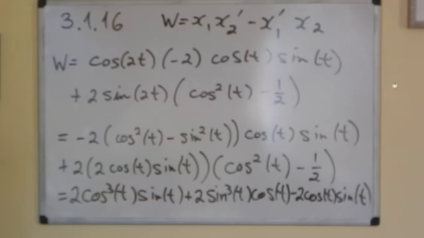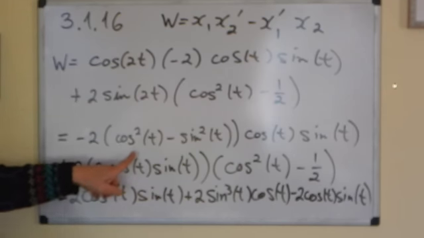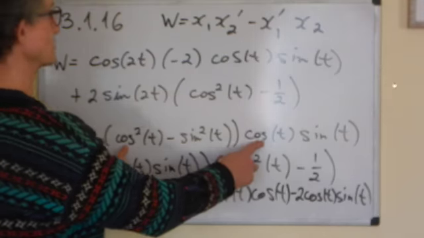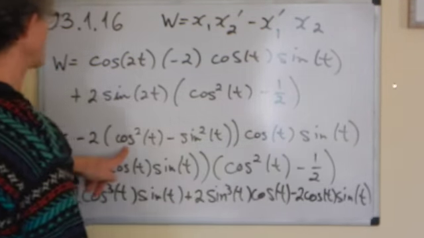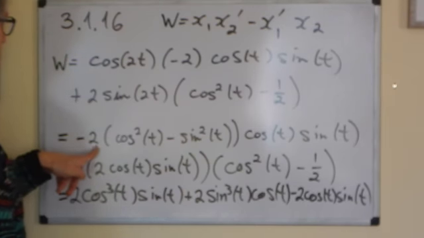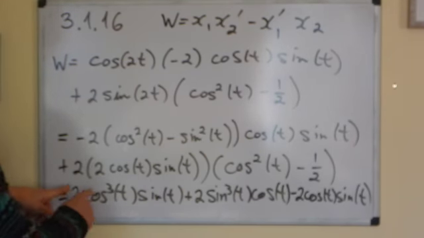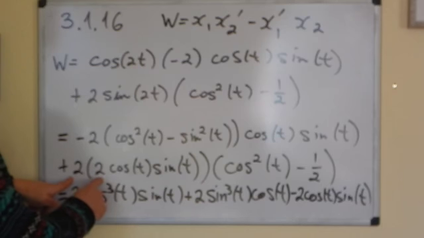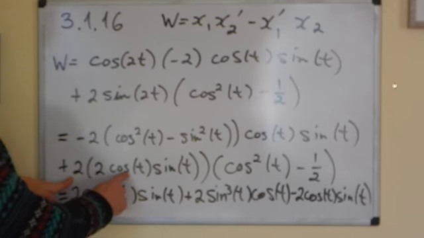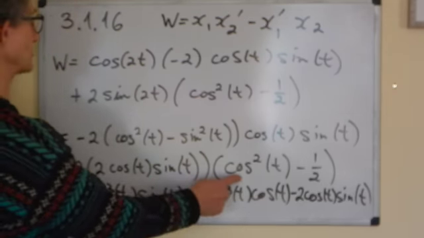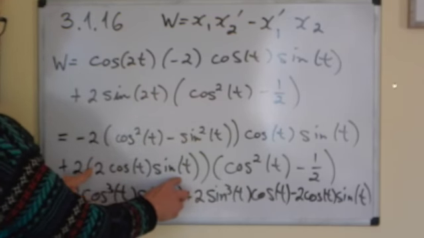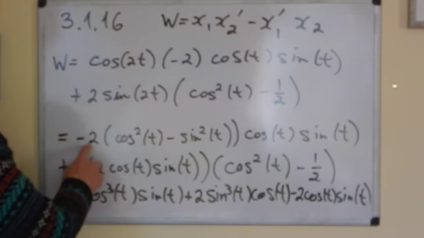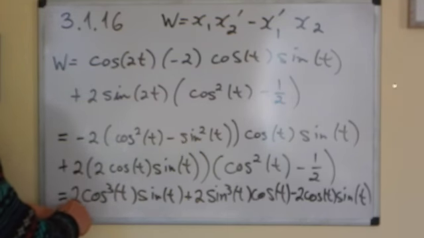Okay, let's see. What do we have? One of the terms we have is cosine squared times cosine times sine, meaning cosine cubed times sine. So we have minus 2 of those here, and then over here we have 2 times 2 is 4 times cosine t times sine t times cosine squared. So that again gives me a cosine cubed times sine, and there are 4 of them, so 4 minus 2, I have 2 left.